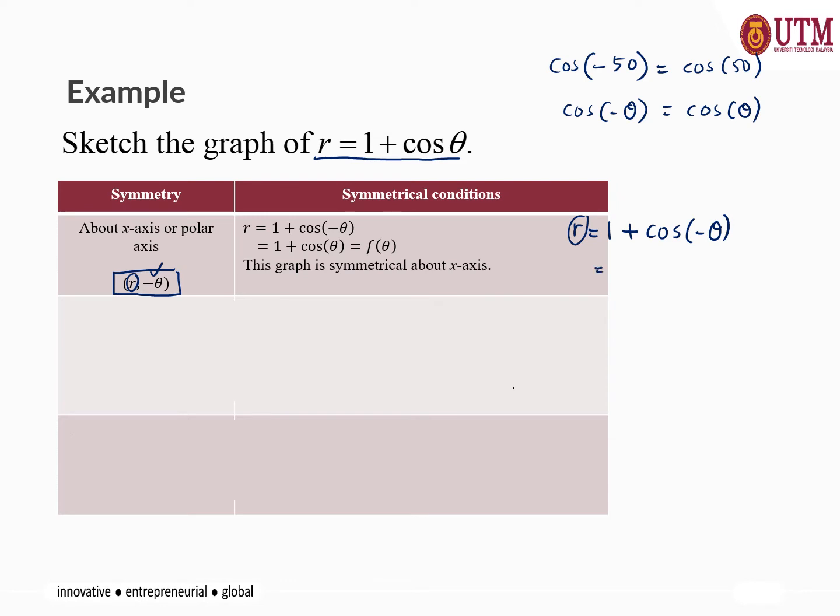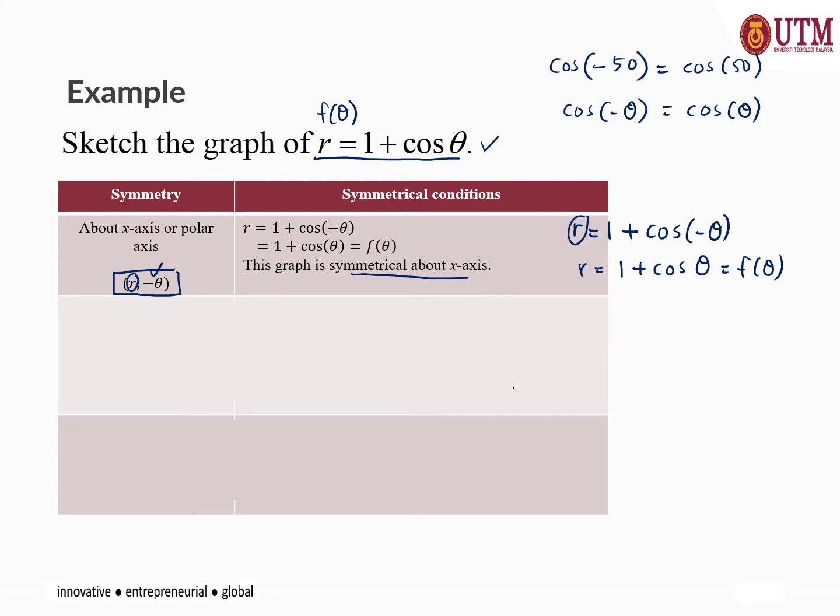So here it will be 1 plus cos theta, where r equals 1 plus cos theta is the same as the original function, which is f theta. We also denote this as f theta. Since it has the same value as the function f theta, we can say that the graph is symmetrical about the x-axis.